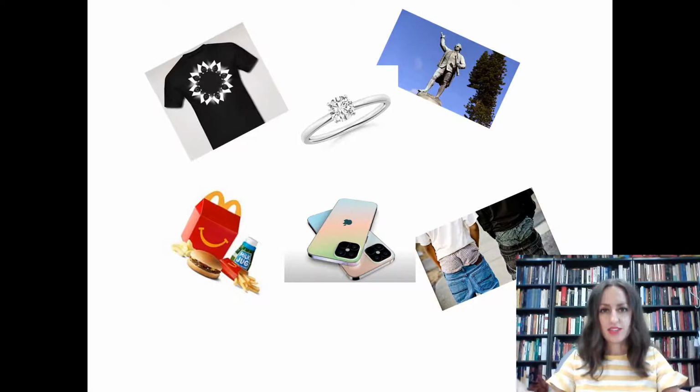Objects send messages. Spaces send messages. They reveal things about themselves, about the way they're meant to be used. They reveal things like status or all sorts of messages. All sorts of messages can be sent by almost anything. And that makes them rhetorical, right?